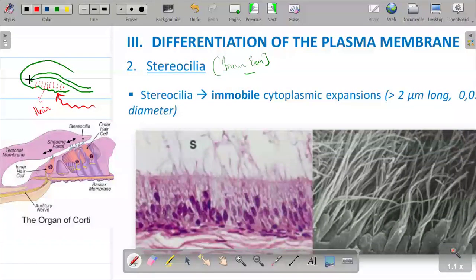Can you feel the texture of your hair? When you press hard, it doesn't give texture, but when it is light, it gives texture. In the same way, these hair cells cause one movement called a rippling movement.